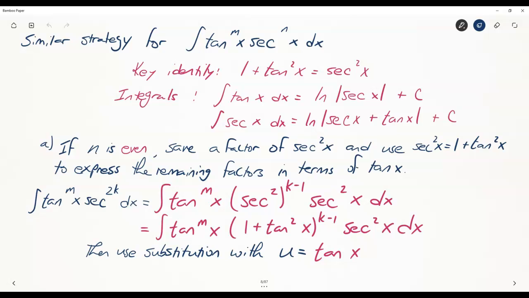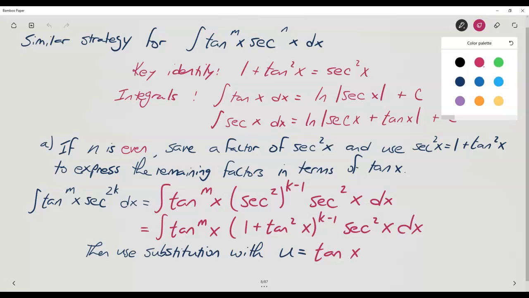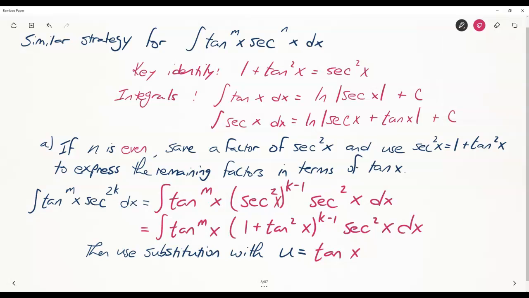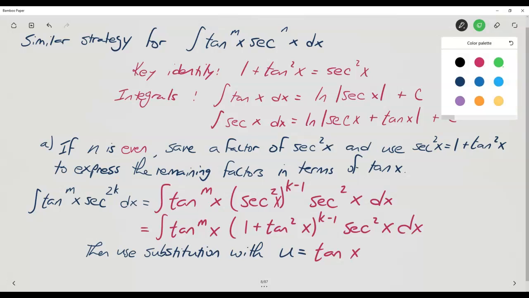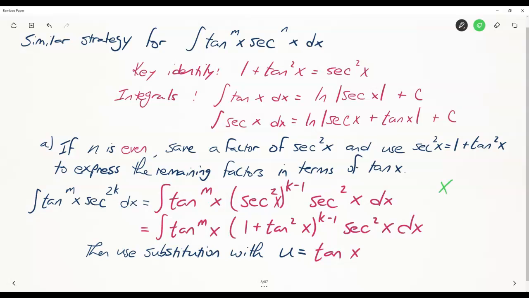Now I just noticed this, and I'm going to add it in right now. This is secant squared of x. I have to take the secant of something, and I guess I forgot it right there. But what we're using is the fact that if I say something like x to the 2 times 5, this is x to the 10th. I can write this as x squared raised to the 5th power, because that's the rule of exponents governing this.